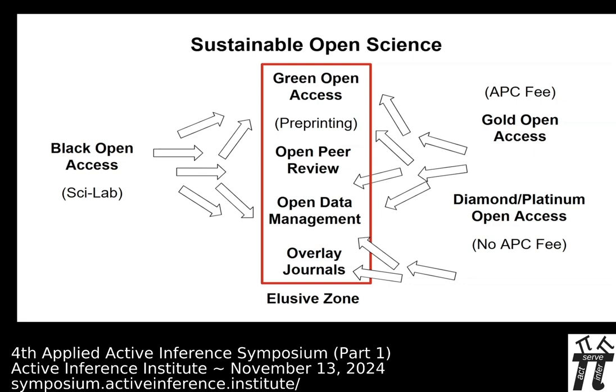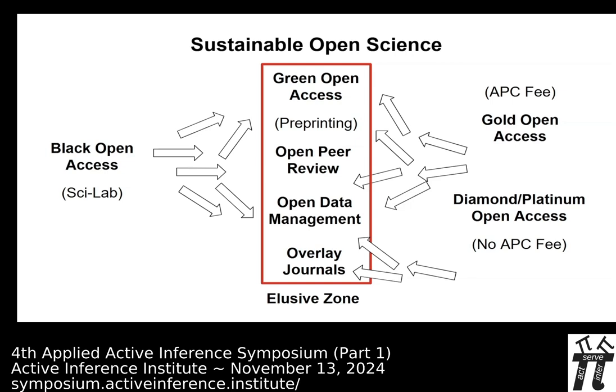You have systems where you can just get access to things. And then, of course, sometimes we share PDFs by sending emails to our colleagues. That's all black open access because it's very informal and it's not really sustainable, because someone has to get access to these and then share it with someone else.